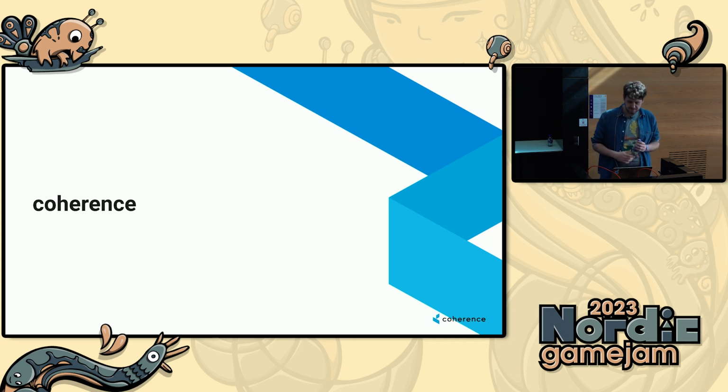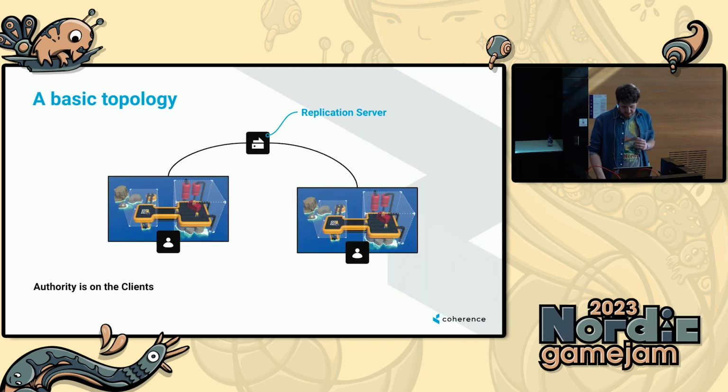So during 48 hours. With Coherence, the basic topology that we have is this. We have clients, of course, and then we have a thing which we call a replication server. Now, replication server, and this is where terminology comes into play, though it's called a server, it really is more of a relay.